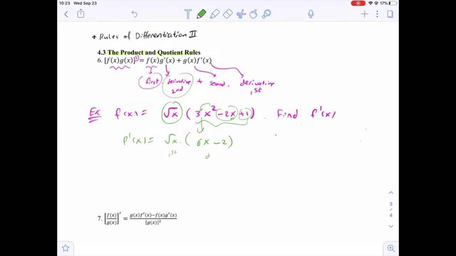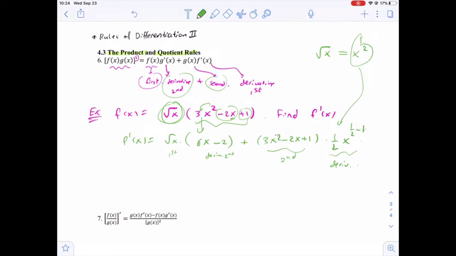So this is the first times the derivative of the second, plus the second, 3x squared minus 2x plus 1, times the derivative of the first. What is the derivative of the square root? We dealt with this at the beginning of this video. We can write it as x to the power 1/2, and then we find the derivative of this. It's 1/2 times x raised to the power minus 1/2, since we subtract 1 from the power.